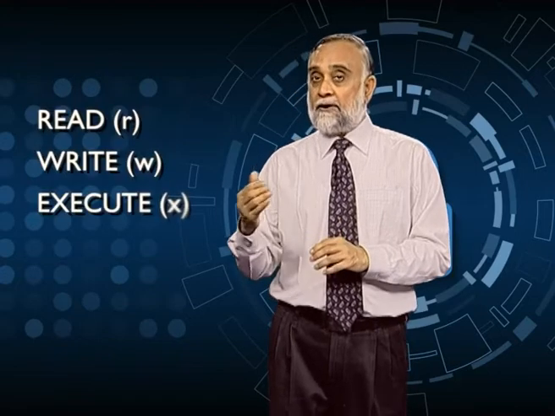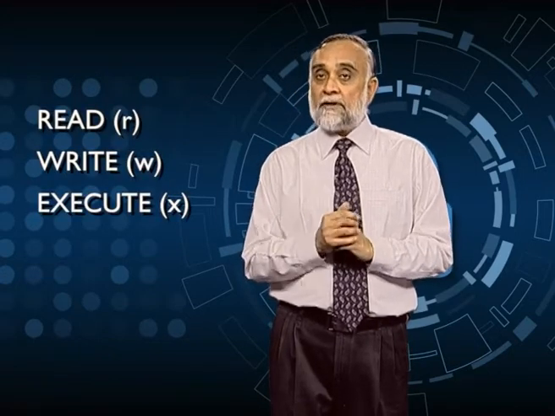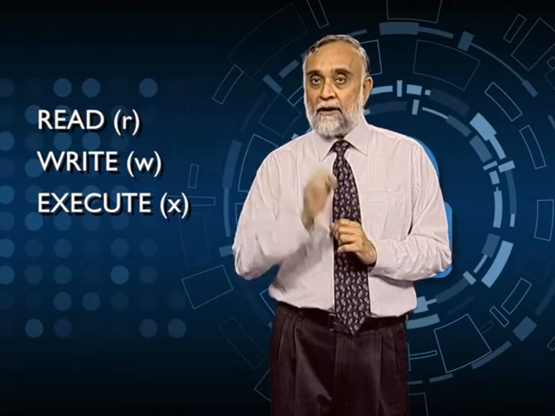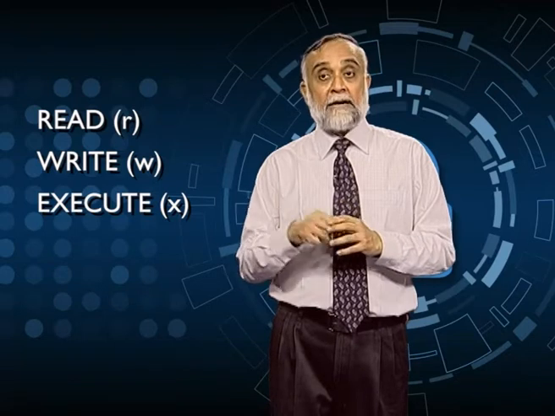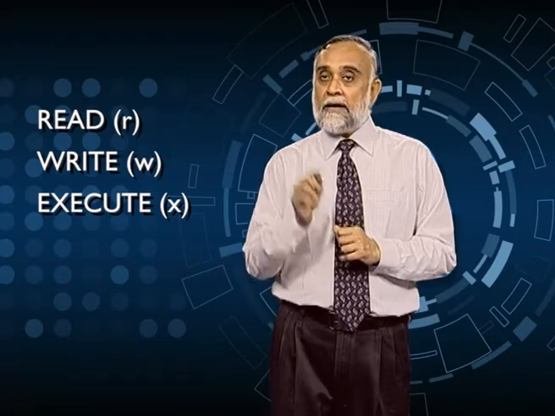Now, what are the access parameters? They are read, which is represented by the symbol R, write represented by W and execute represented by X. You may remember these access parameter symbols, which we shall be using henceforth.